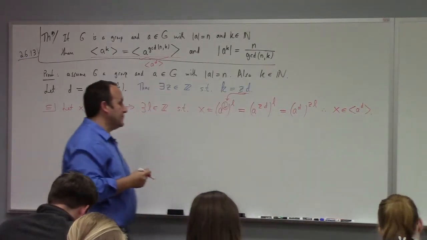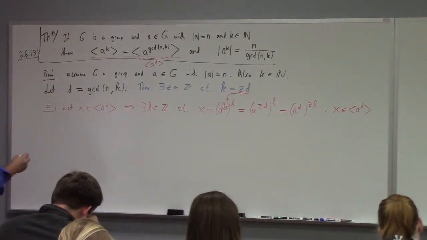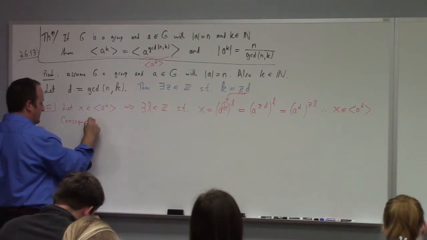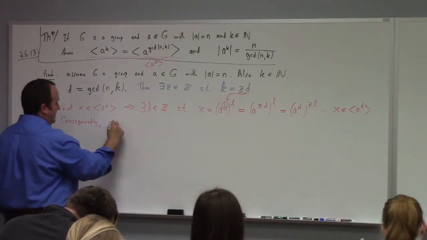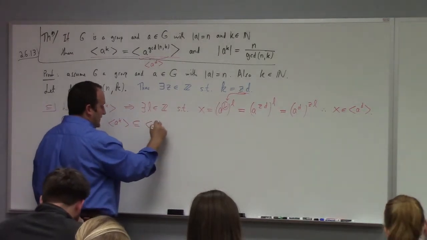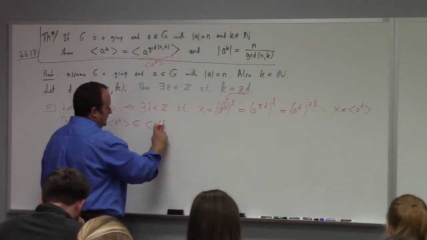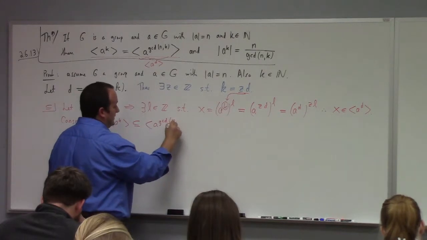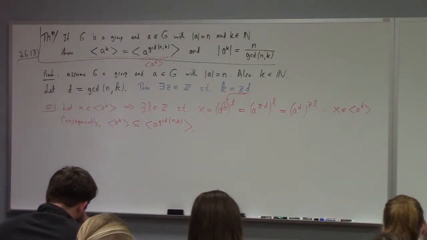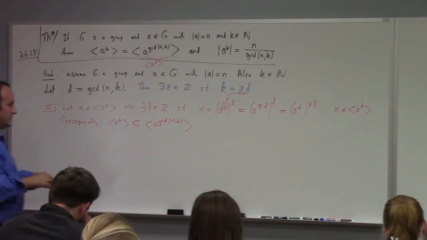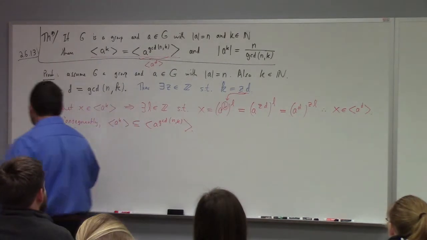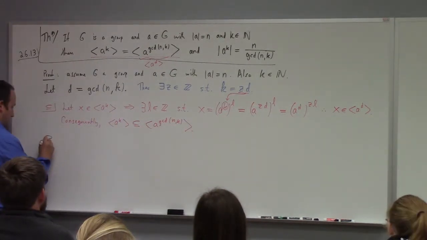And that completes the proof that, consequently, what have we shown? We've shown that the cyclic subgroup generated by a to the power k is a subset of the cyclic subgroup generated by a to the GCD of n and k. That's half of it, right? Now the other direction. We're going to show this subset.